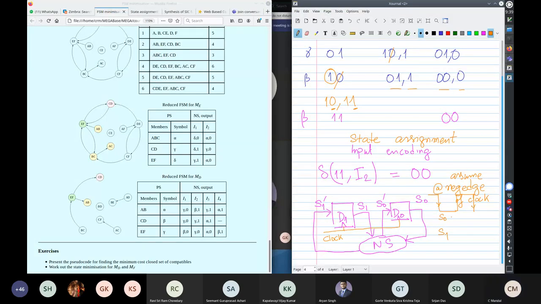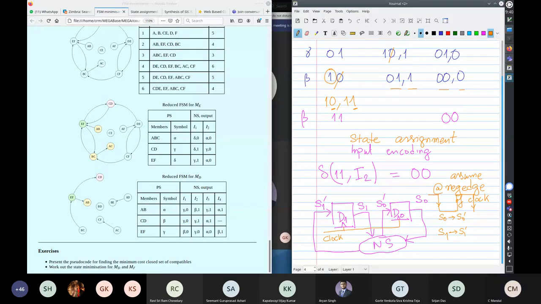And then in course of time, you got S0 dash, and in course of time, you got S1 dash.